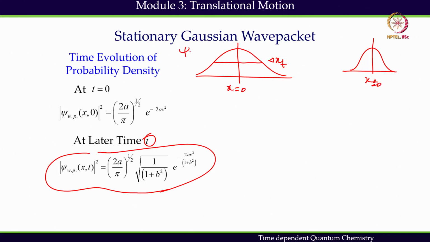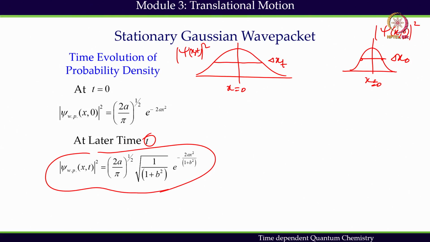This is again psi x t density plot, and this is also psi x 0 density plot. This was delta x naught. So, I started with delta x naught. I will check what is going on with delta x t after the time evolution for t time.